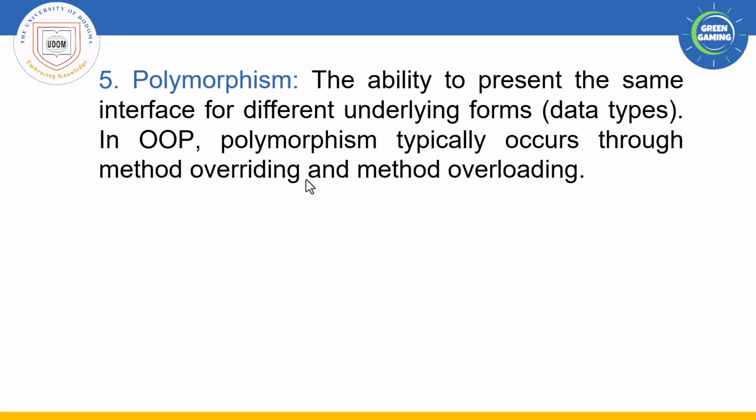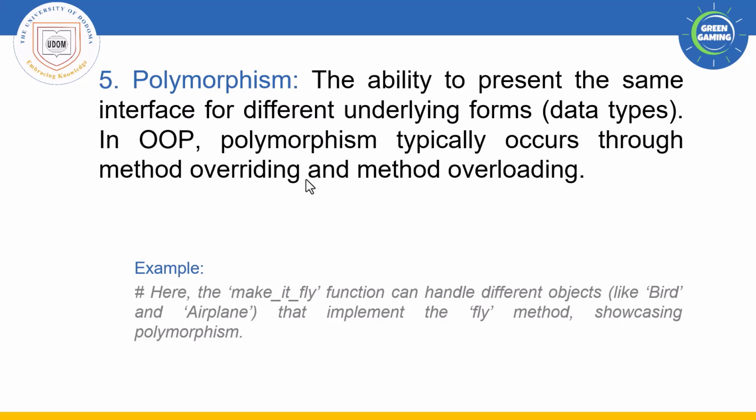So through it, we can have runtime polymorphism, which is method overriding. But method overloading is the phenomenon whereby we have the same method but with different data types in its parameters or a different number of parameters. That's what we call method overloading.